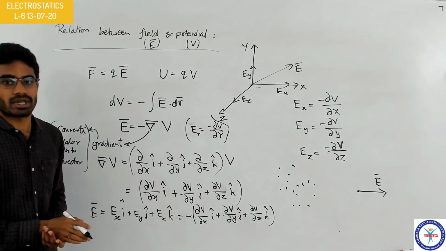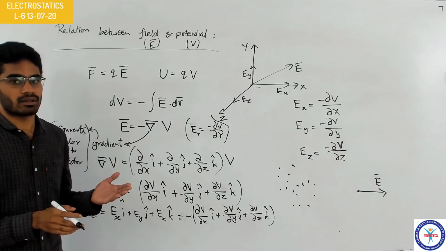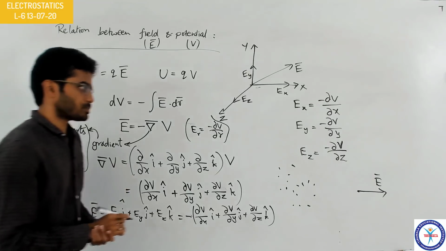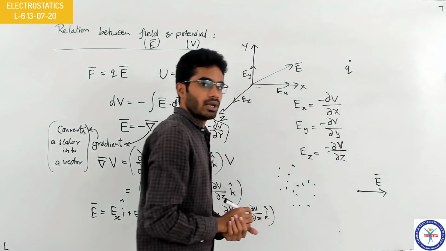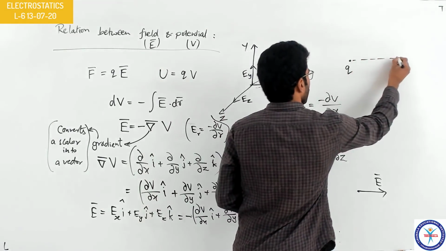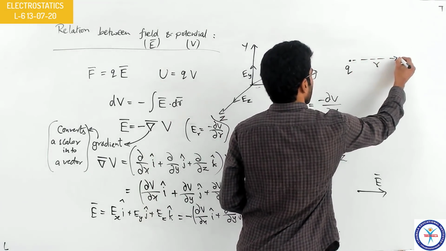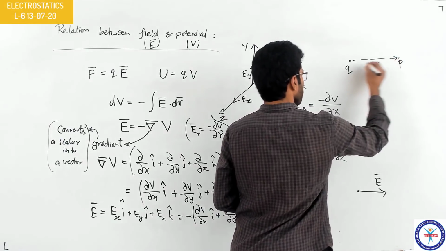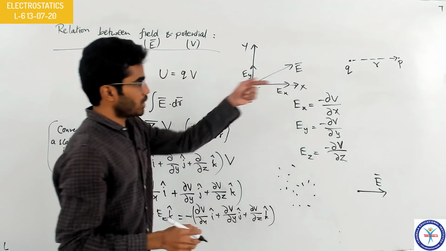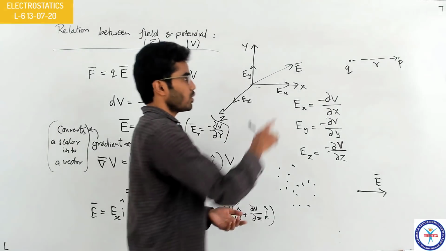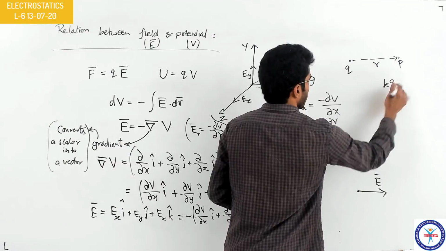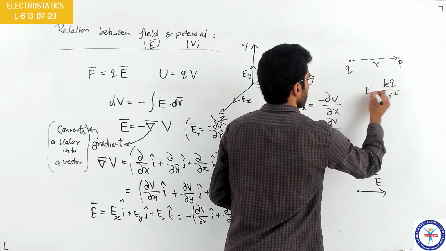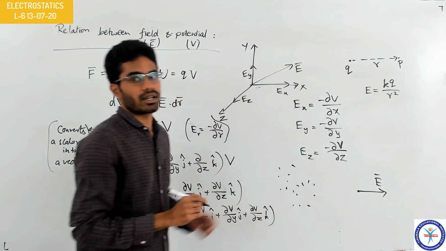If you have to express it in radial direction, radial means you have a charge, let us say charge q. Now from this point you have a radius vector drawn. At any point you want to calculate the potential or field, that particular direction is radial direction. Now you know that kq by r square is the field in the radial direction.